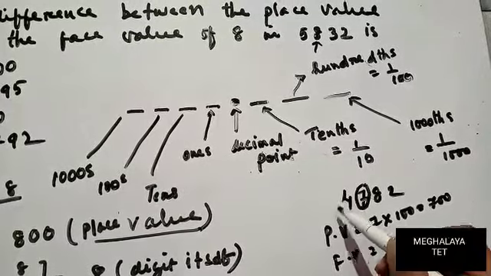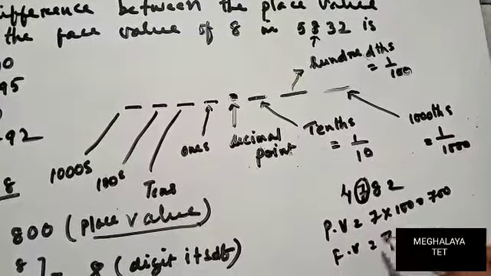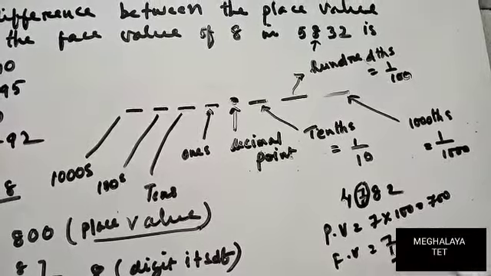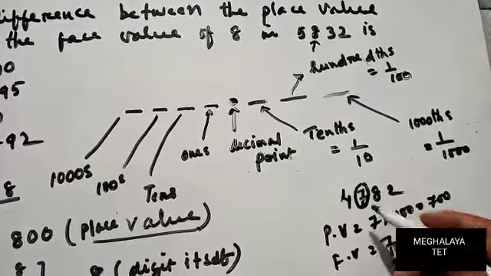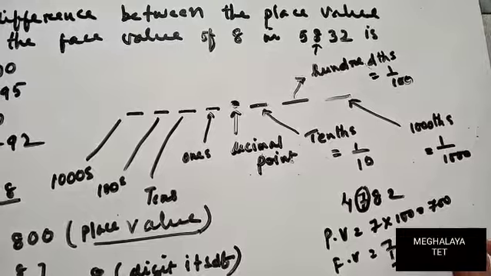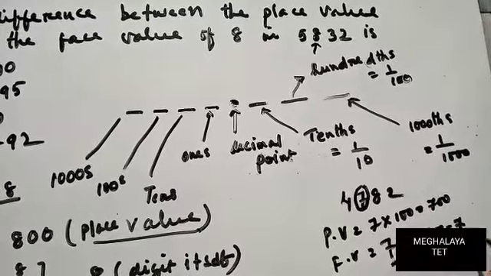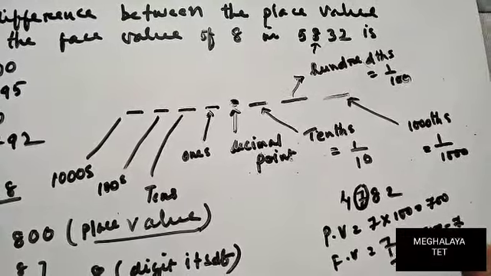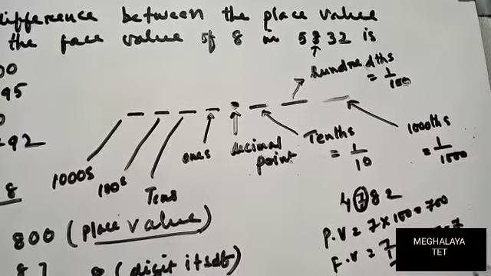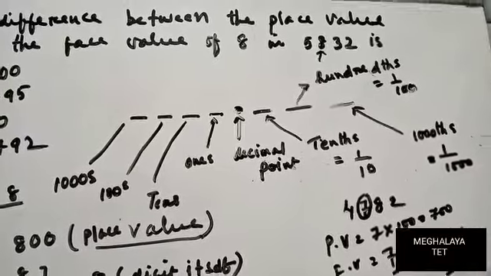The place value and the face value of 7 in this number, this is the answer. If they want the difference, then 700 minus 7 is 693. 693 is the answer of this question.